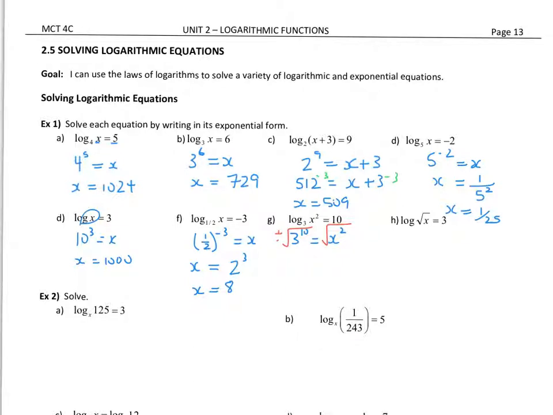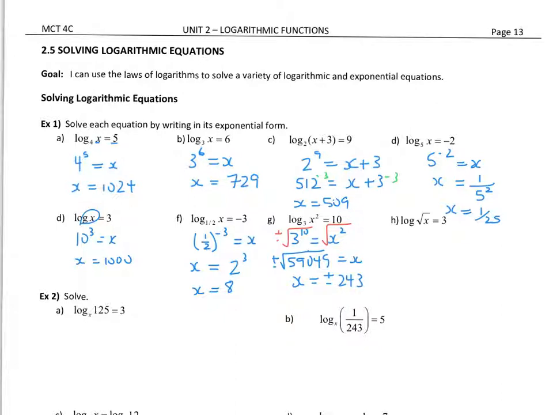And then what we get is whatever the square root of 3 to the exponent of 10 would be equal to. Okay, so 3 to the exponent of 10 is equal to 59,049, and that's equal to x squared, and square root that, we get 243. Okay, so this actually has two answers, the positive 243 and the negative 243.